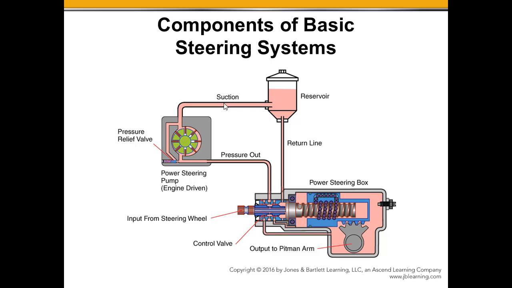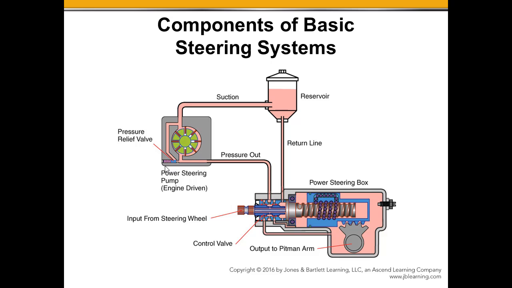Coming out of our reservoir, we've got the suction line coming over to our power steering pump, driven off the engine. The example here is a rotary vane pump; gear pumps, any of those are fine. This example happens to be the rotary pump. This is just going to create the pressure, so anytime the engine's running, we are creating power steering pressure.